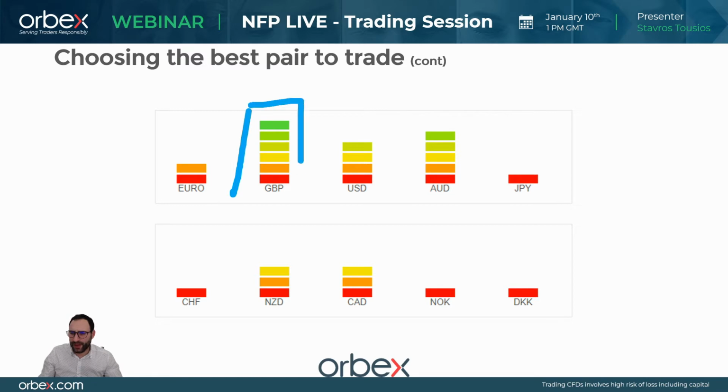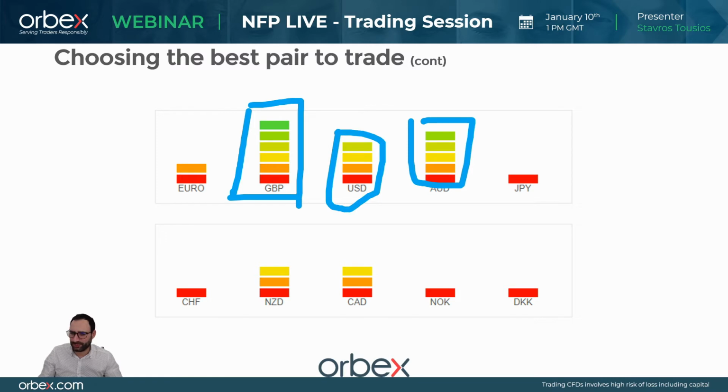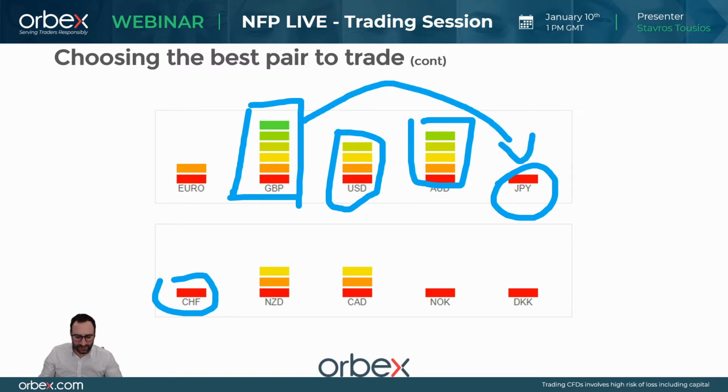We see that the pound is quite strong, and this is probably over the past 30 minutes or so. The Aussie is quite strong, but at the same time, the dollar isn't doing badly itself, right? However, look at this. The Swiss franc and the yen are very, very weak. Obviously, you cannot trade GBP JPY on the NFP. You could if you wanted, but it's not really going to be the pair of my choice.